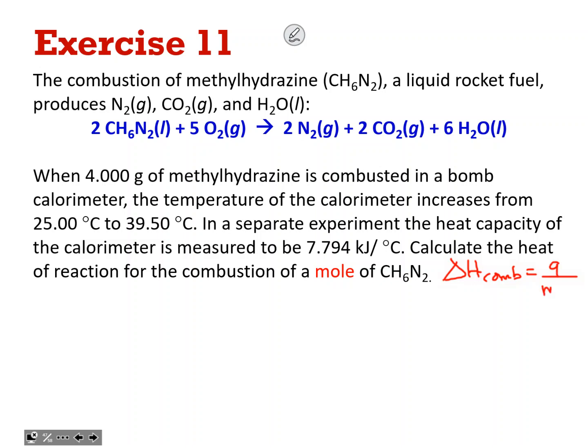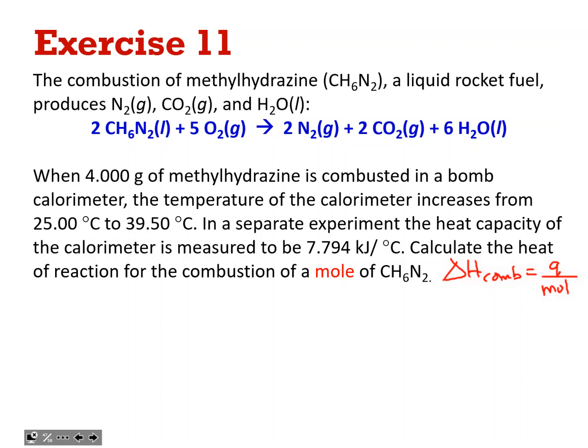Q over moles, yeah, right. We need heat over moles to be able to figure that out. And this is heat of combustion, so it's really a delta H of combustion. Heat of solution would be delta H solution. Heat of neutralization, delta H neutralization. Okay, you get the idea? So we need Q first.